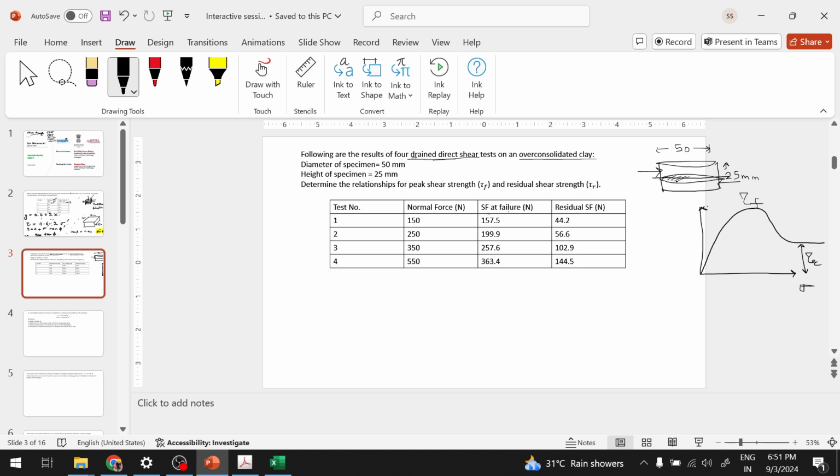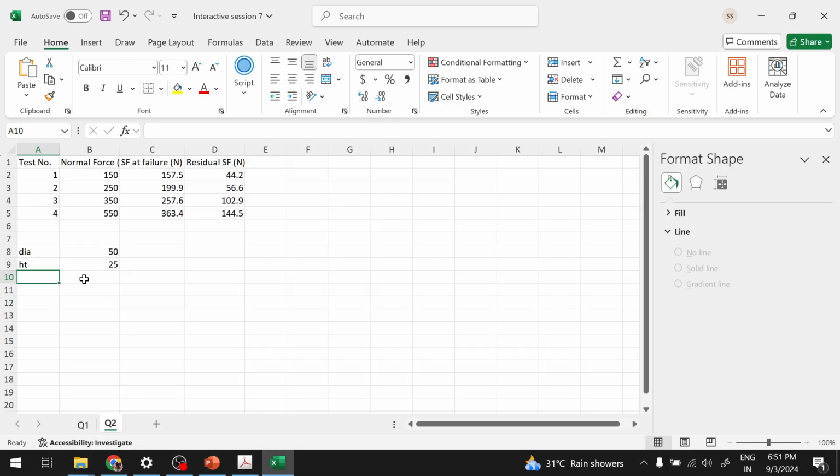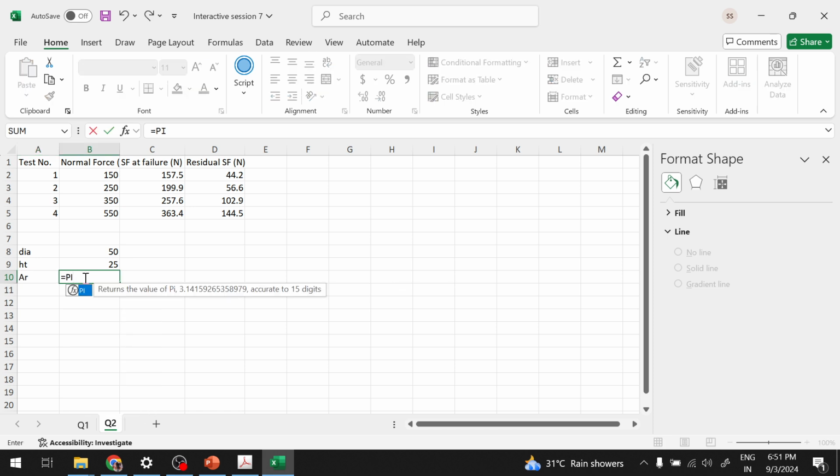This will be like the top surface of the specimen, and the area of failure plane is simply pi into diameter squared over 4, pi r square, isn't it?